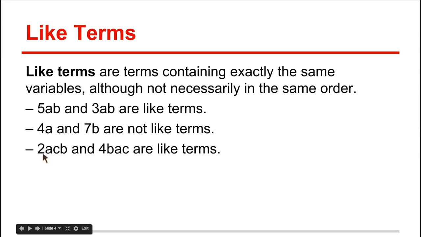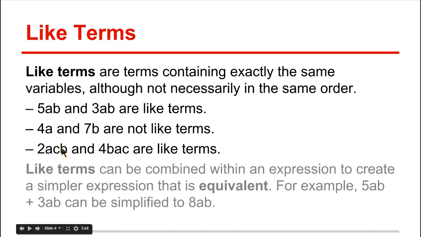And here we've got 2acb and 4bac are like terms because although the variables aren't in the same order, they're all still there. They can be put in the same order, a, b, c. It doesn't matter that the coefficients are different as long as the variables are the same.